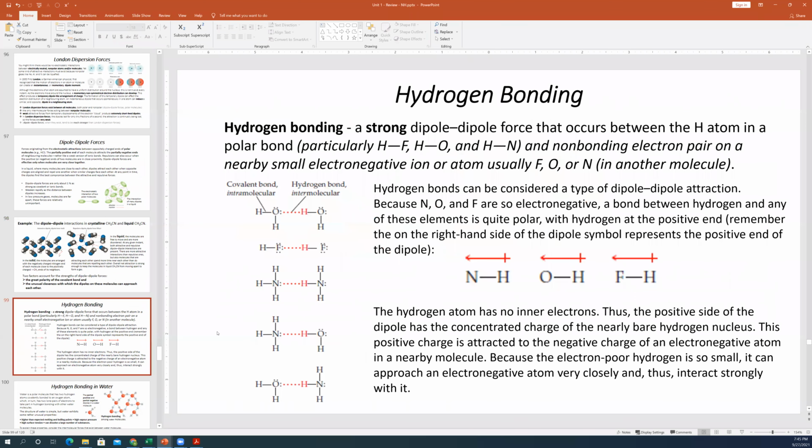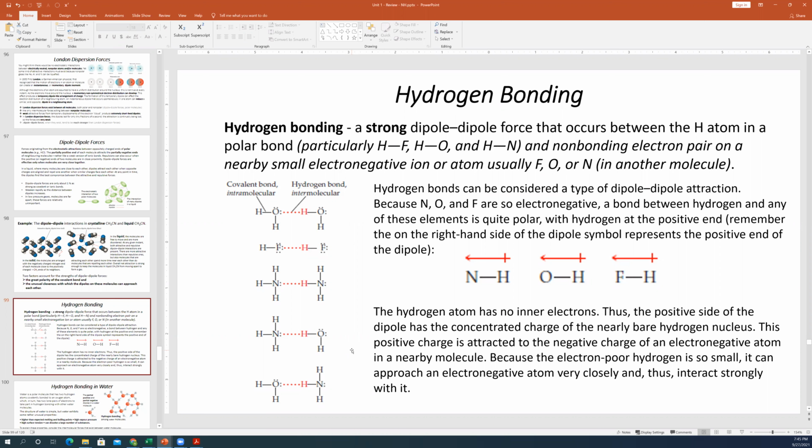Then we talked about hydrogen bonding, one of the strongest forms of these intermolecular interactions. How you can recognize whether there will be a hydrogen bond formation or not is that, first of all, you need to have a hydrogen, right?